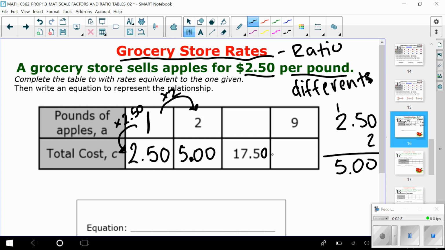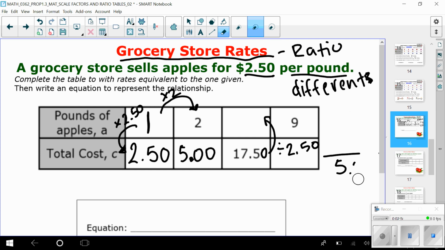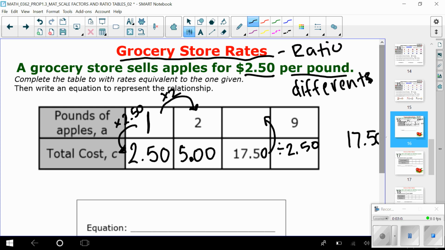So over here, if I go within, I'm going to go the opposite direction, which is from the big number to the pounds, right? The cost to the pounds. So instead of multiplying by 250, I'm actually going to divide by 250. So I'm going to give myself some room over here to do some math. And I'm going to find that 17.50 divided by 2.5.